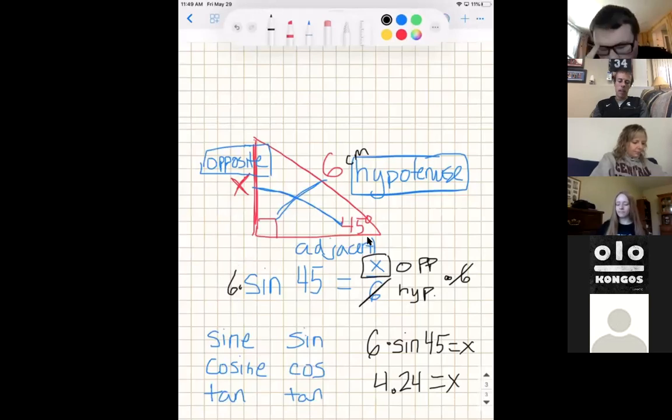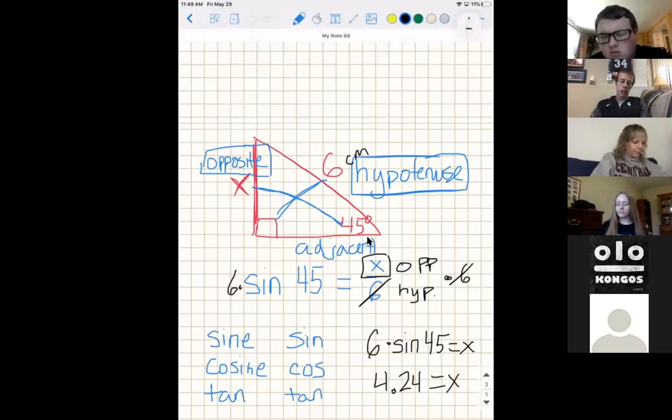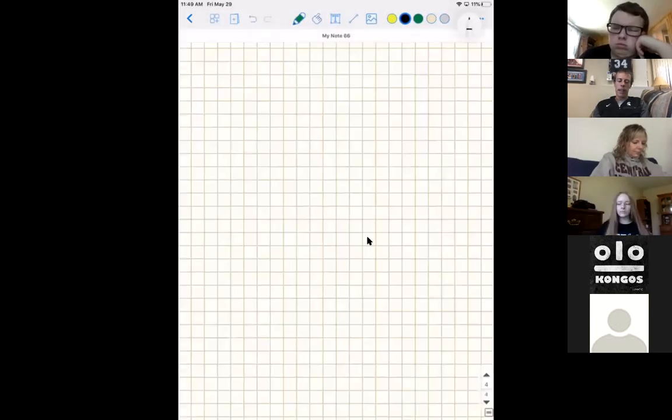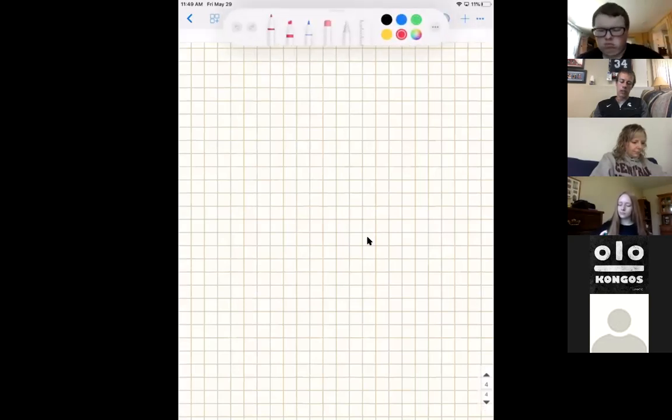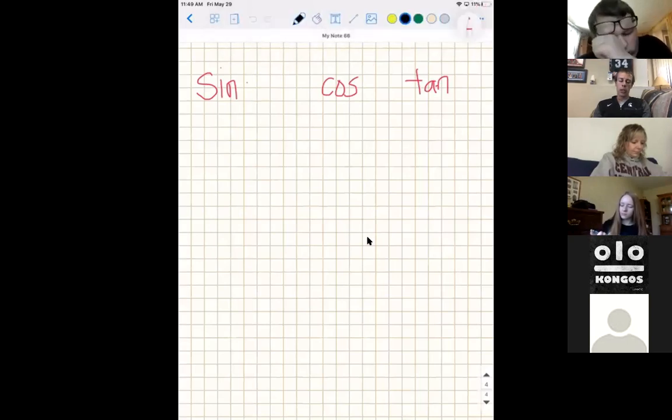The last thing we're going to talk about today, I mentioned at the beginning of class that we're going to have a couple other trig ratios. So far we've talked about sine, cosine, and tangent, using the 3-letter abbreviations. We're going to talk about 3 other trig ratios.